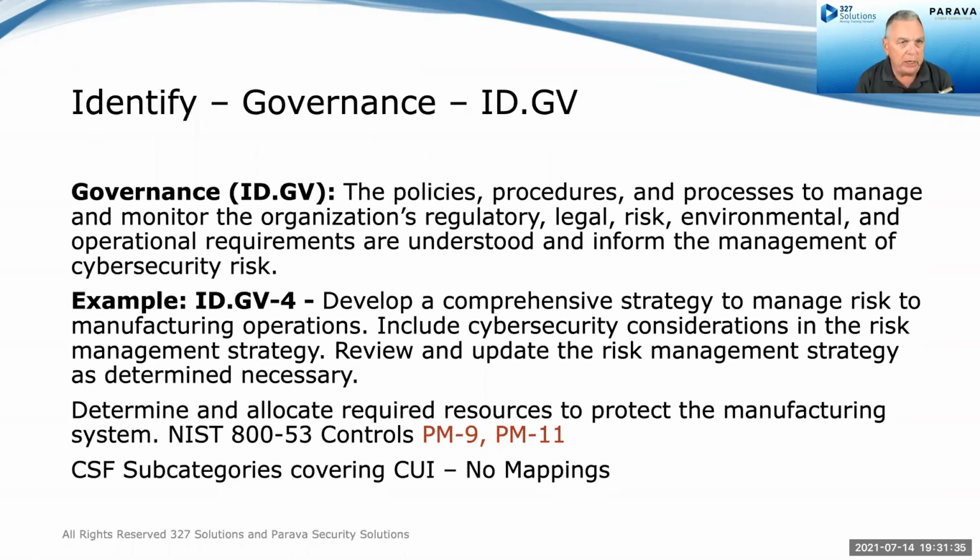Once again, this is an example of something that is not specifically listed in NIST Special Publication 800-171, but is foundational to establishing not only the governance, but the risk management strategy that the organization is going to require, which will enable you to create all of the necessary policies that you would be assessed on.